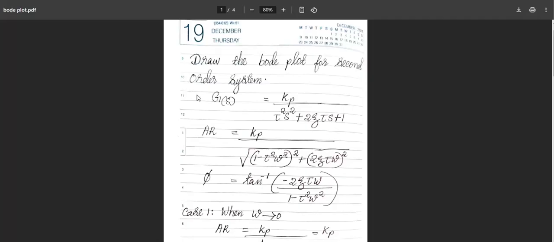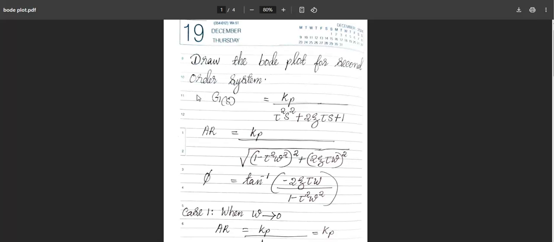For any system, if you want to draw the Bode diagram, first you have to know the transfer function. For a second order system, we know the transfer function as G(s) equals Kp divided by tau square s square plus 2 zeta tau s plus 1. At the same time, you should know the amplitude ratio and phase angle also.